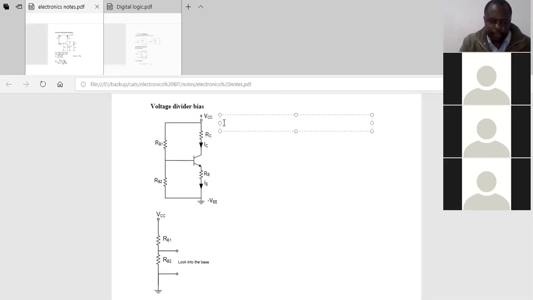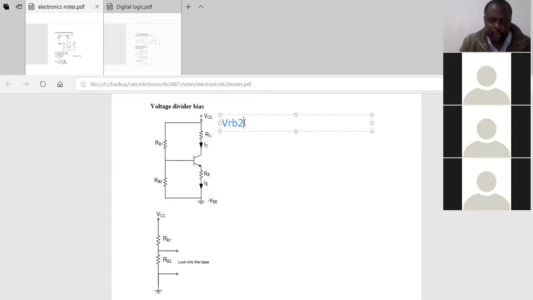VRB2. That's a long expression. Or maybe you can put this one to be small.